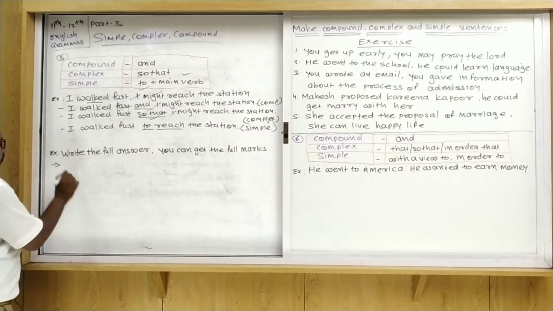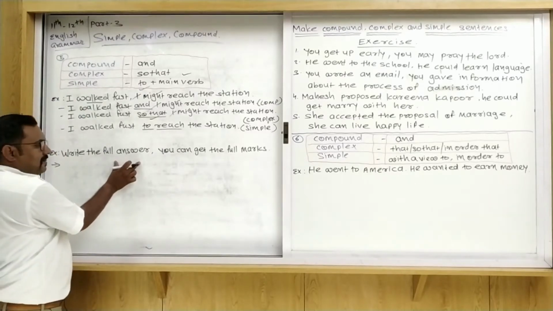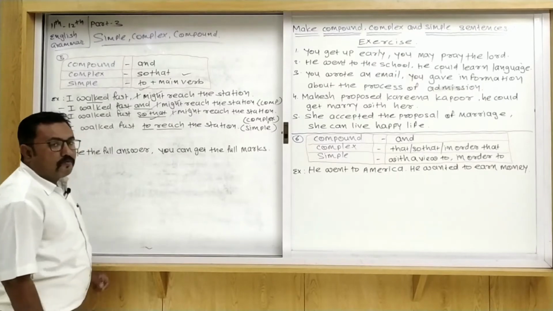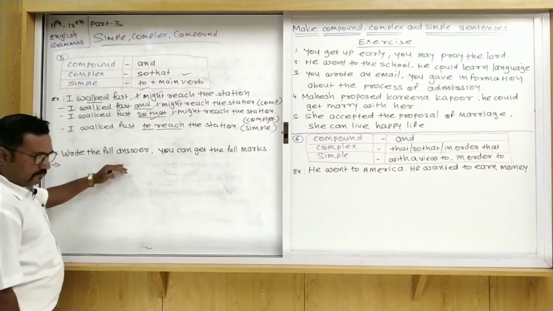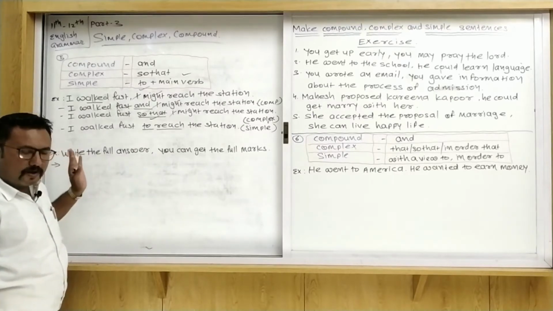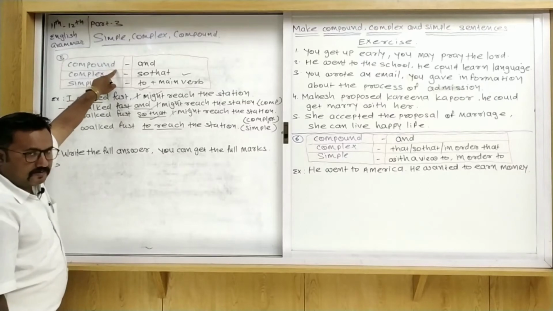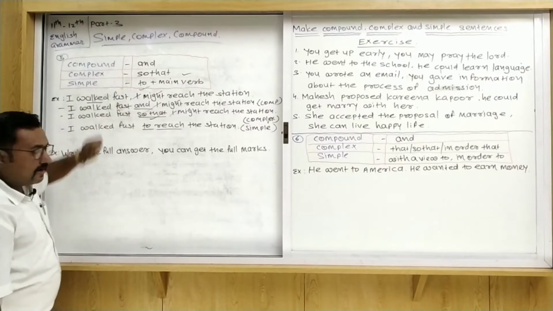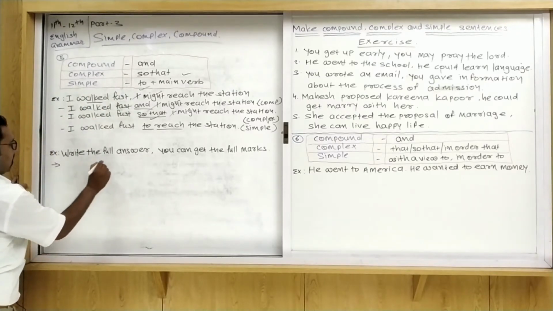Now example number 2, write the full answer, you can get the full marks. The first sentence is written here. Now we try to use compound sentence, and all of you have got the idea that which conjunction we use here? And. So first of all, write down the same sentence.